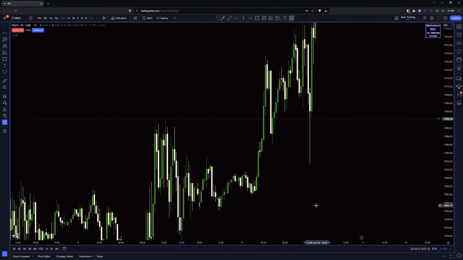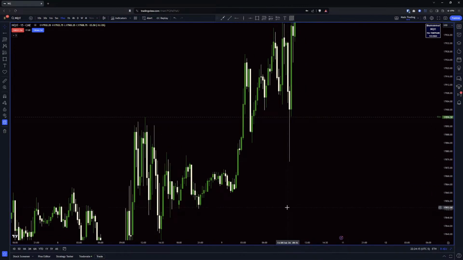Well, I think we could try to measure the last swing. And this is the part of the theory that I'm really trying to test out. One thing I've noticed is that, if you're familiar with fib projections at all, you probably know that you're going to measure the last swing before a move to try to get an idea for how far that move can go, right?